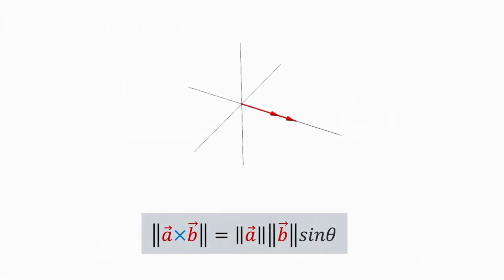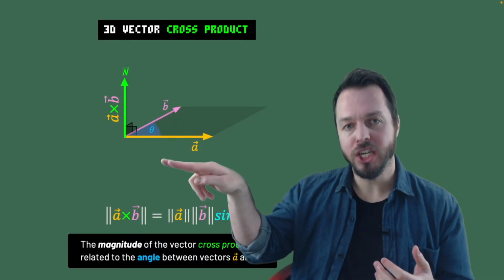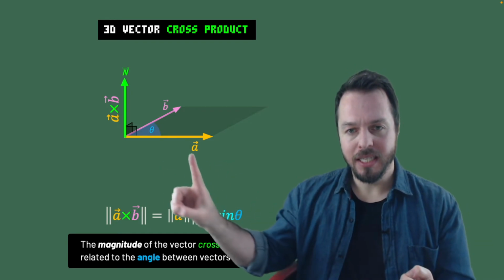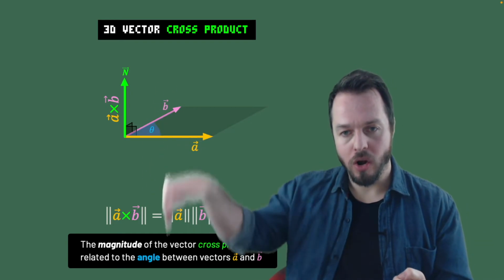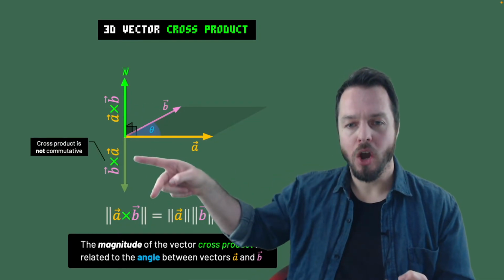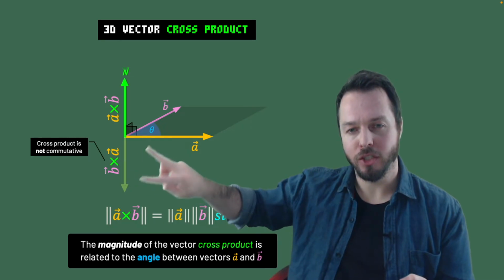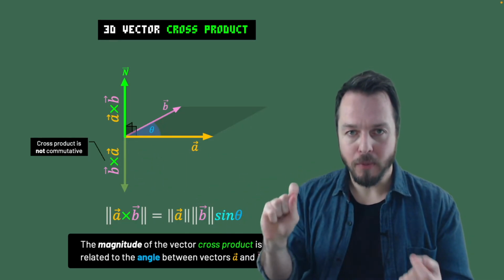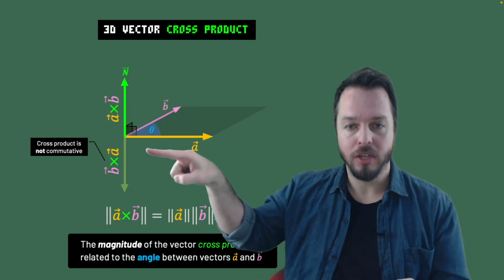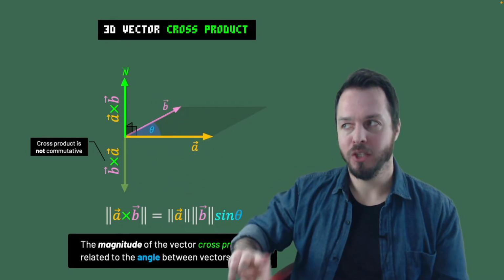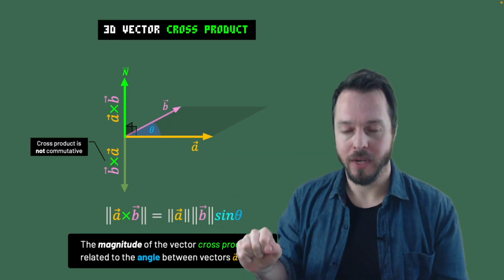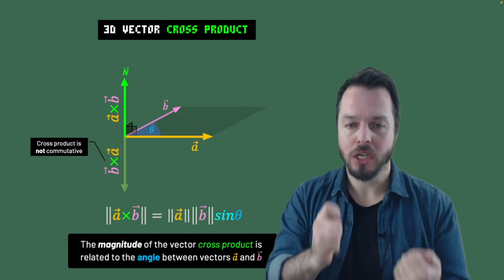And this is also why mathematicians say that the cross product is not commutative, because this cross product can point this way or that way, depending on whether it is A cross B or B cross A. A cross B is different than B cross A. This has everything to do with the vectors being to the right or to the left. The cross product is not commutative.